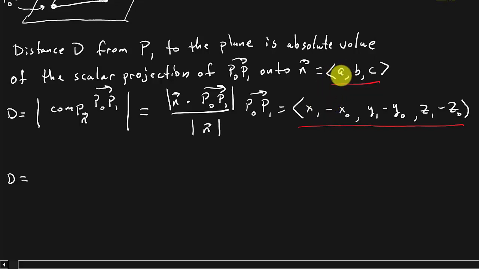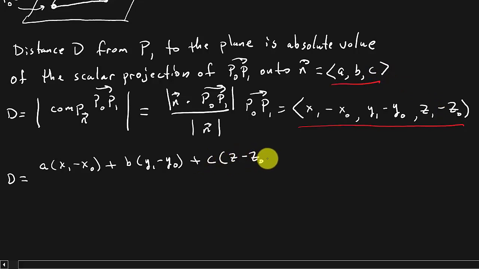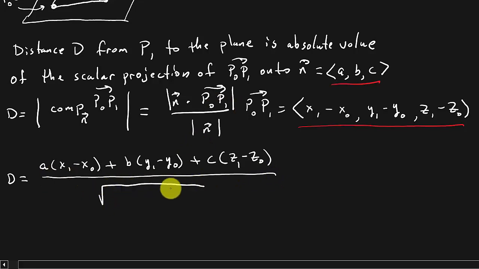So that's A times x1 minus x0, plus B times y1 minus y0, plus C times z1 minus z0. That's the numerator, all over the length of N.